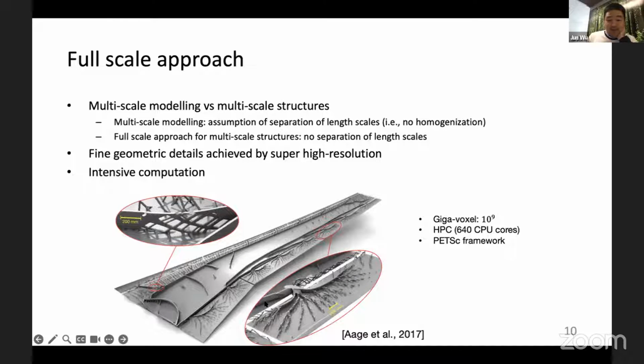And if we can simulate the structure and optimize it at this high resolution, we can create already very fine geometric details. Here I call it the full-scale approach because in this approach, we don't make an assumption of separation of length scales. And this is in contrast to many multiscale optimization approaches, which make use of homogenization, which is based on the assumption of the separation of length scales.